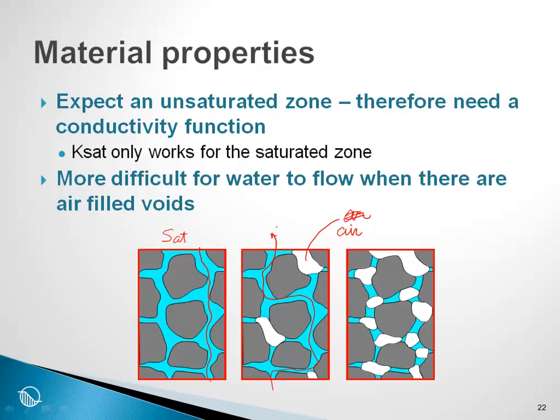There comes a point when there is so much air in the sample that the water is not continuous. There is no liquid water path through this sample, and as a result, liquid water cannot flow through this condition. And when we reach the point where there is no path of continuous liquid water, we say we have reached the residual water content.